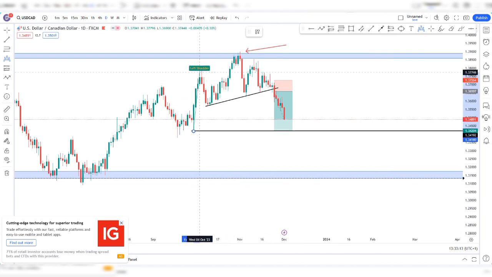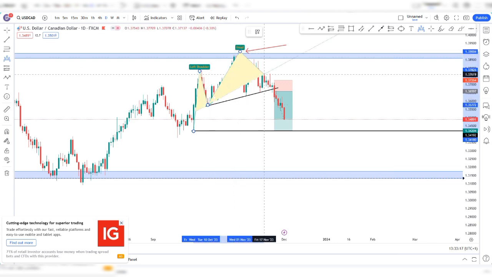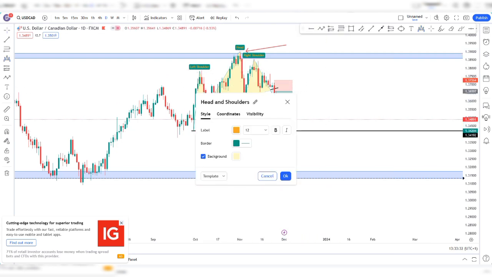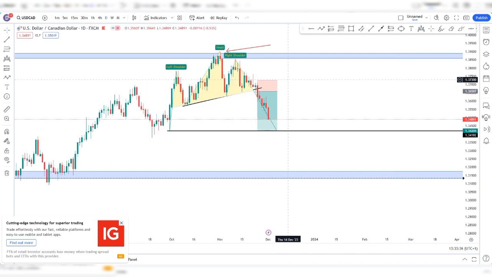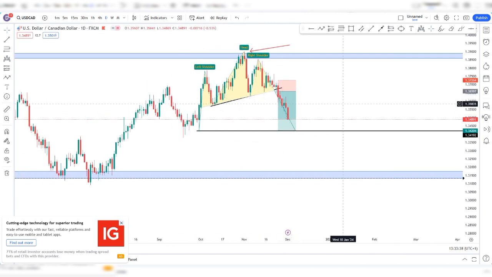So if you trace it from here, you can see the left shoulder, and then that's the head, and then you can go down to the right shoulder forming there, and then when price broke through the neck, expecting price to go all the way down. So this was the reason for me taking this trade, and so that's the pattern I see forming.